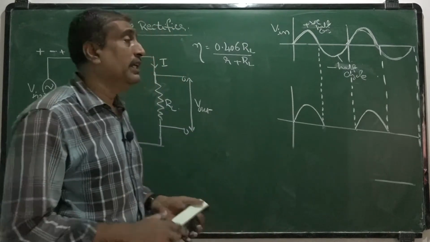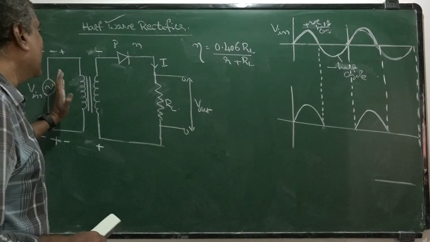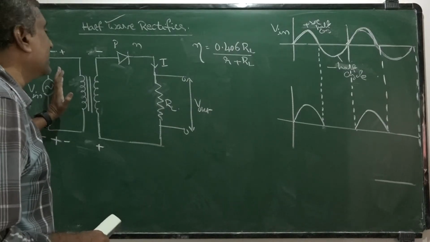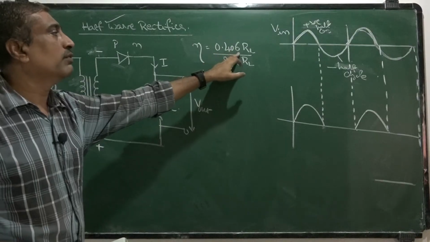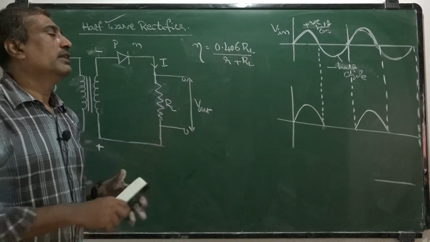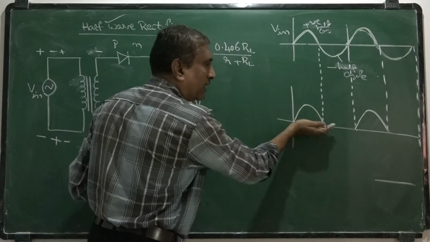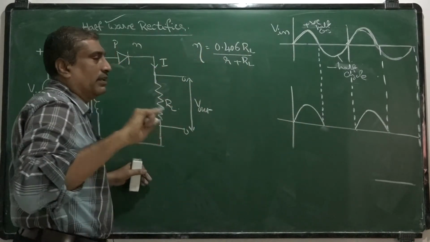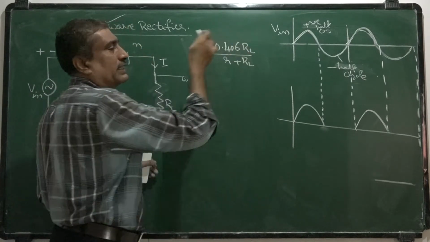Here the efficiency indicates the percentage of how much it is converting AC into DC. As it is converting only one half cycle of AC, its efficiency is approximately 40.6 percent.